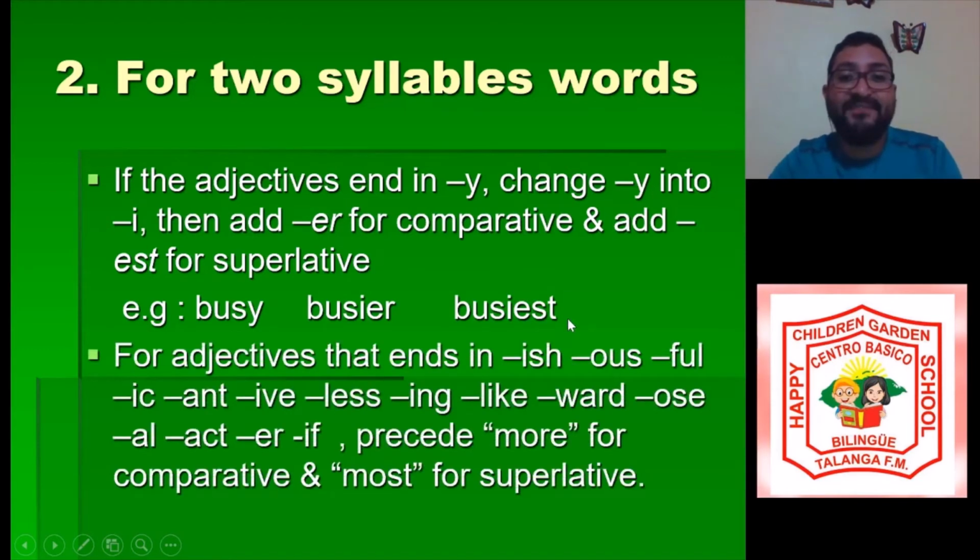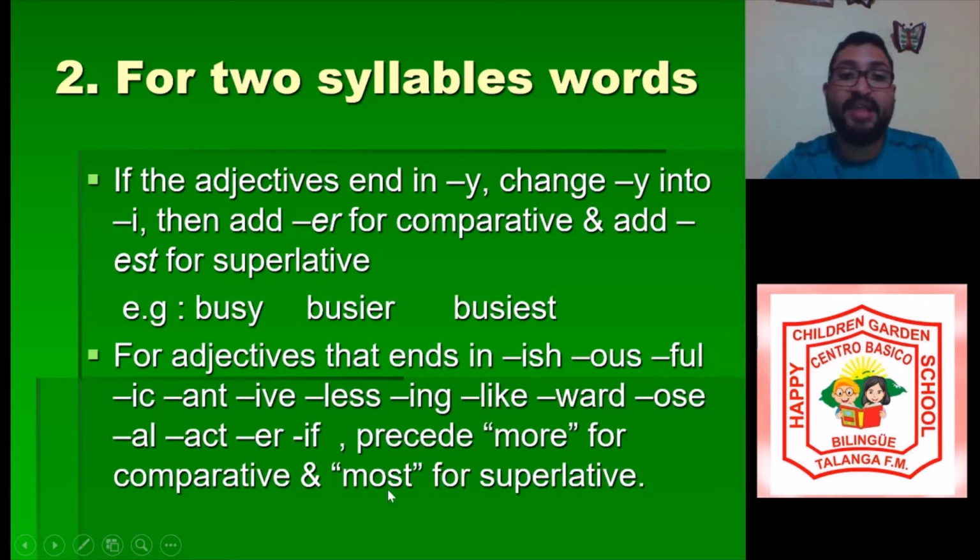Now, for the adjectives that end, and this is very important, in these suffixes: ish, ous, ful, ive, and, if, less, ing, like, ward, ous, al, act, if. So we're going to precede the adjectives with more or most.